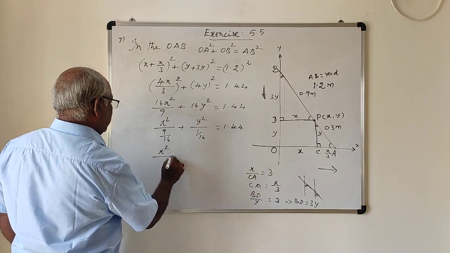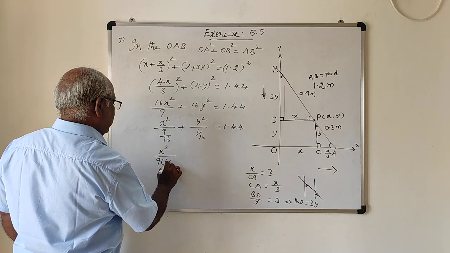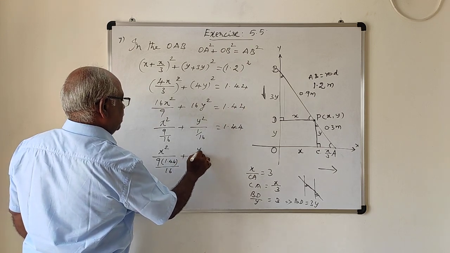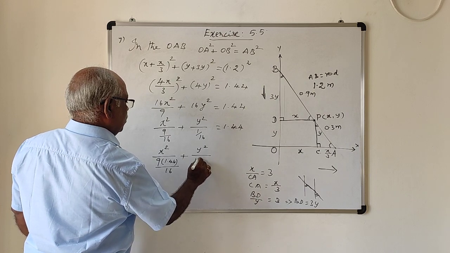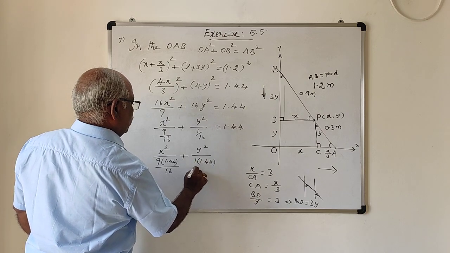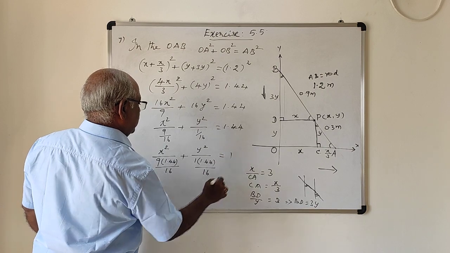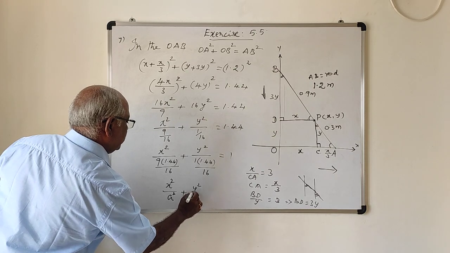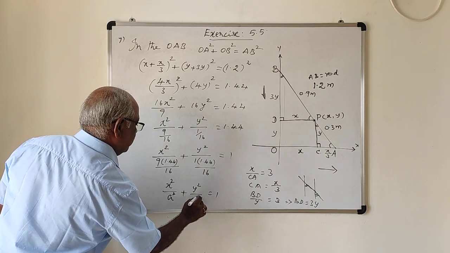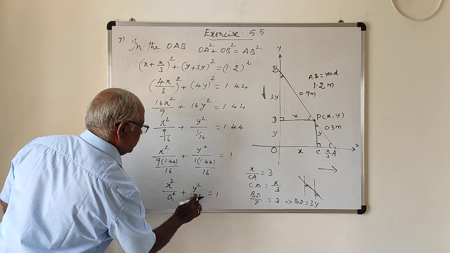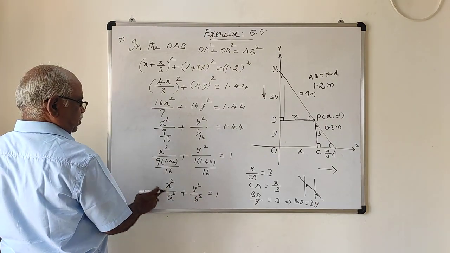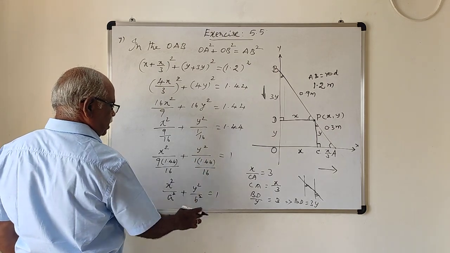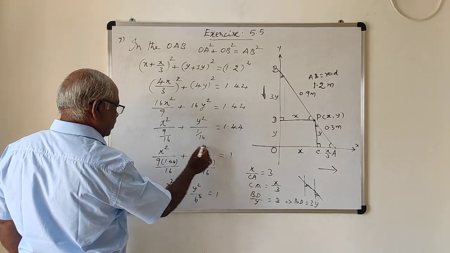You will get x square by 9 into 1.44 by 16 plus y square by 1 into 1.44 by 16 equals 1. So this is of the form x square by a square plus y square by b square equals 1. A square is 9 into 1.44 by 16, b square is 1 into 1.44 by 16. This is the standard equation of the ellipse.